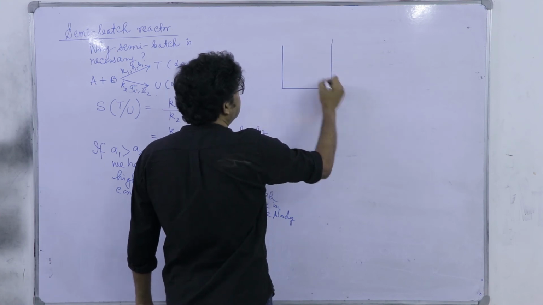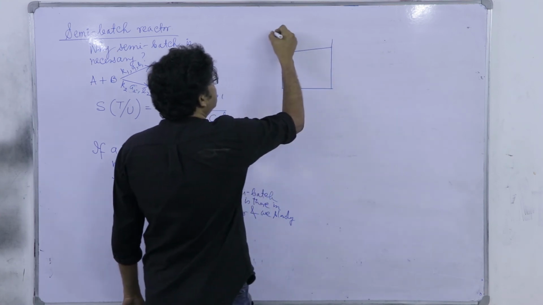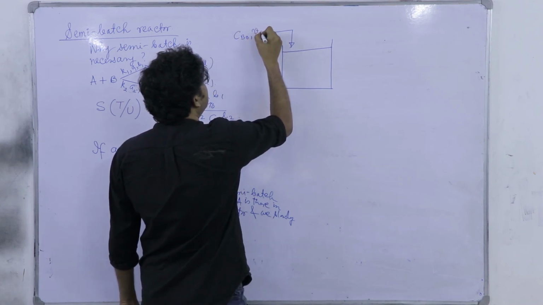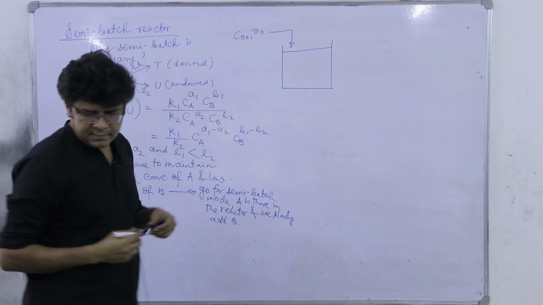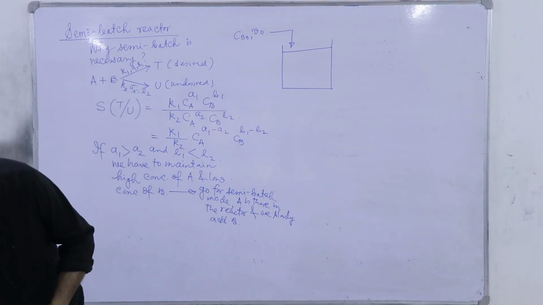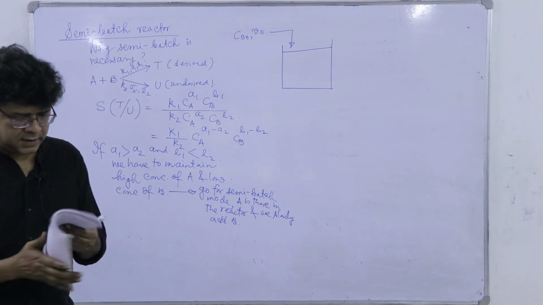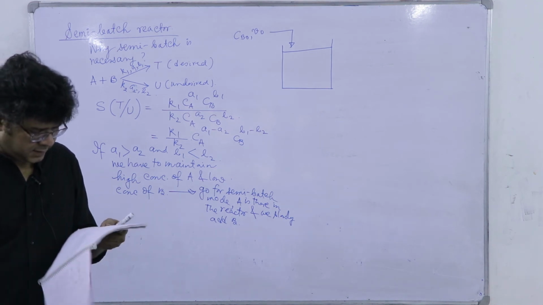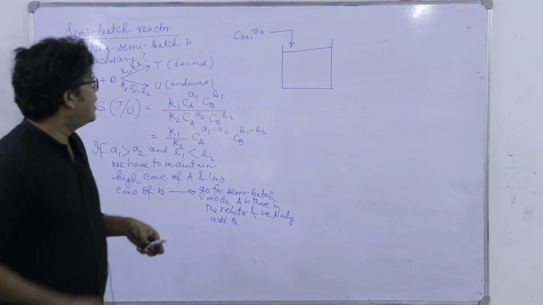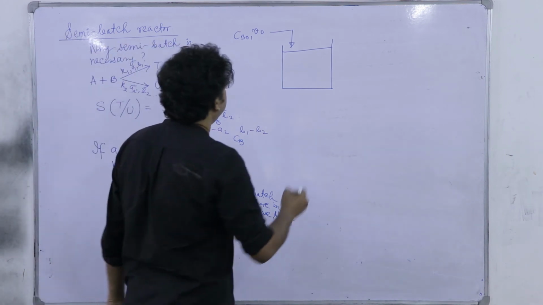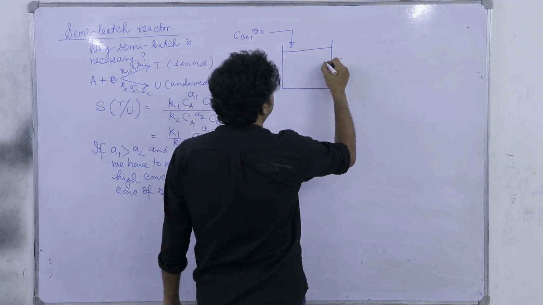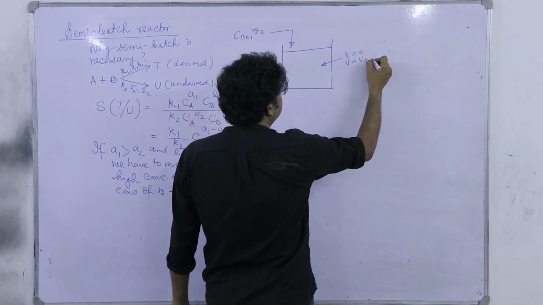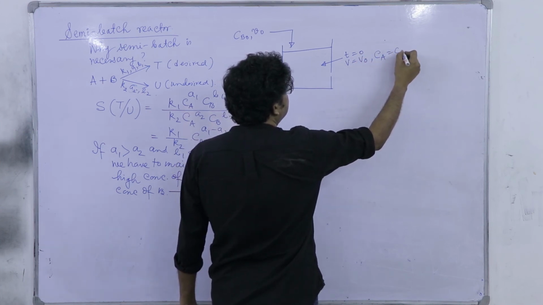Next we will write the balance equations. Here we are adding B, concentration is Cb naught, volume flow rate is V naught, right? And A is there at time t equal to 0, with total volume V naught and Ca equal to Ca naught.